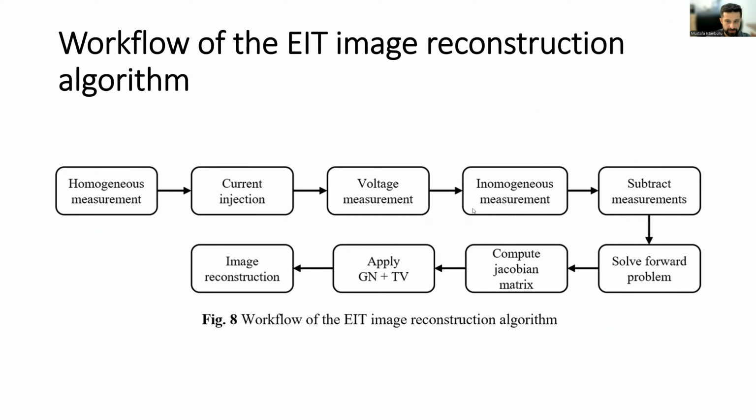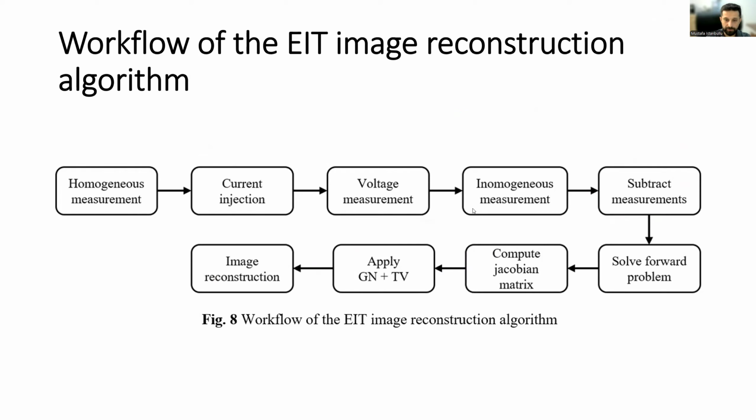In this study, a difference imaging approach was employed to solve the inverse problem. Initially, baseline voltage measurements were obtained from a homogeneous medium, followed by a second set of measurements after introducing an inhomogeneity. The difference between these two data sets was used as the input for image reconstruction.